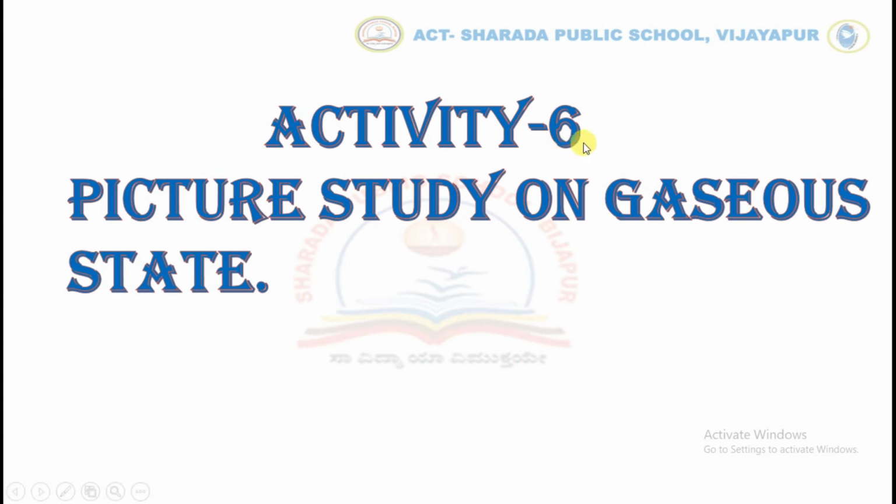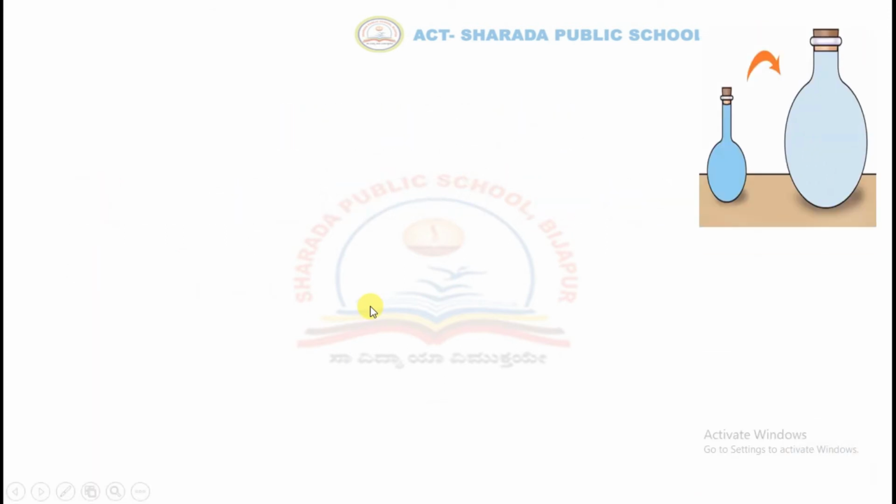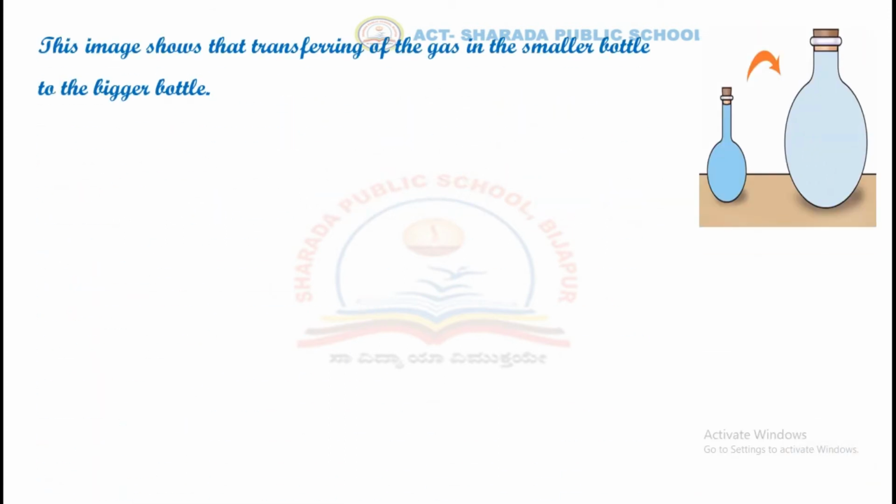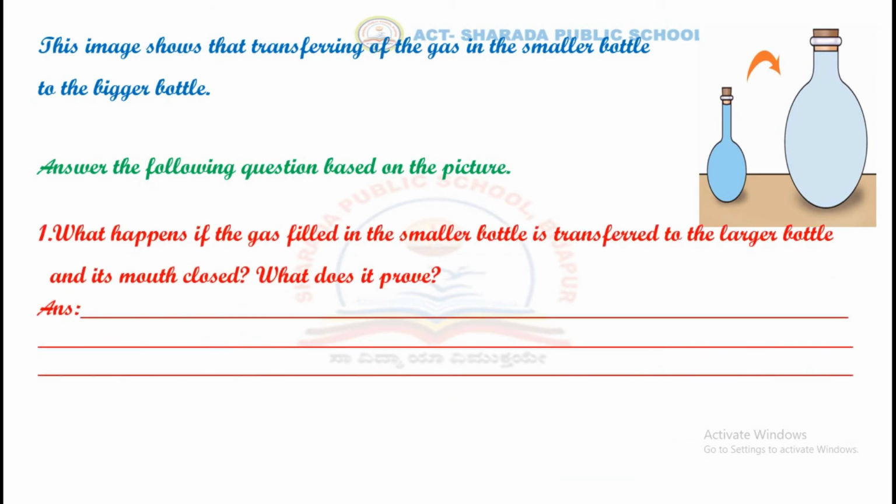Activity number 6. Picture study on gaseous state. This image shows the transferring of the gas in the smaller bottle to the bigger bottle. Answer the following questions based on the picture.